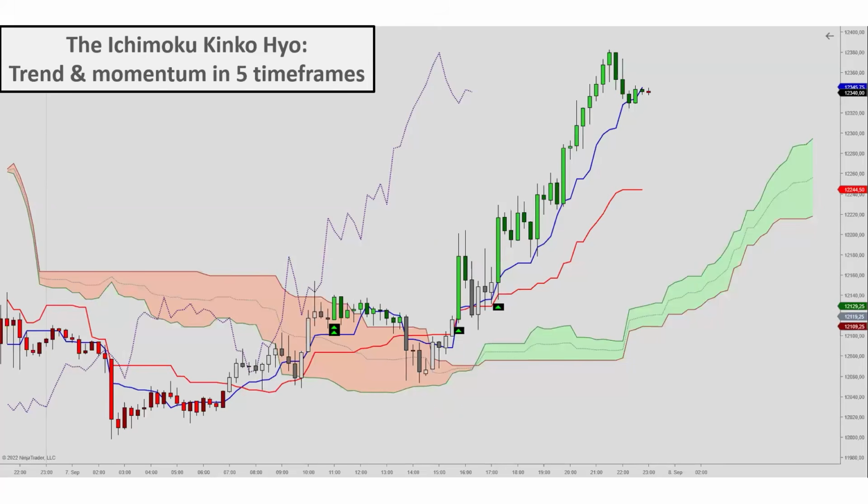All right, so if it's your first time seeing the Ichimoku indicator, it might be a little bit overwhelming, but at its core, it's just a multi-time frame trend and momentum indicator. You have 5 main components here, and we'll look at them one by one. The Tenkan-sen, the blue line, the Kijun-sen, the red line, and then you have the Kumo cloud with Senkou span A and B, and then you have the Chikou here.